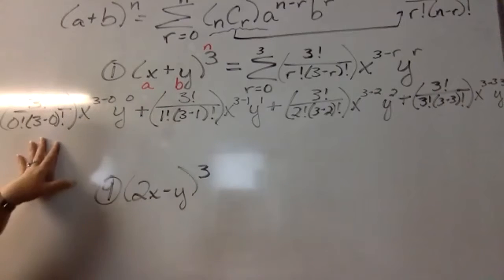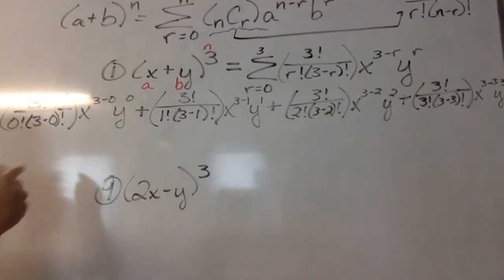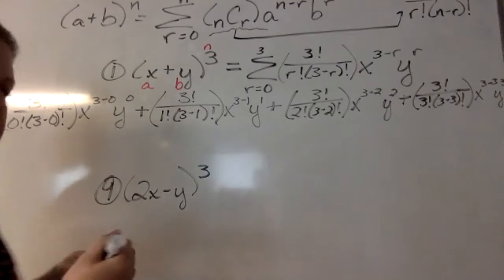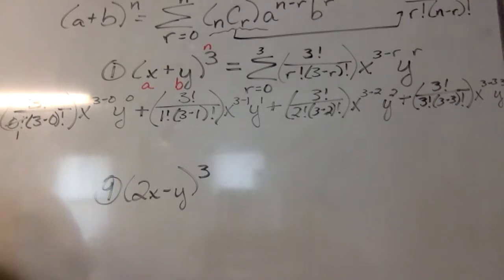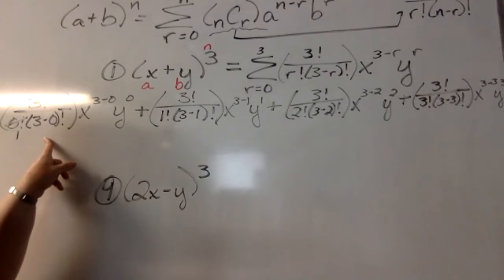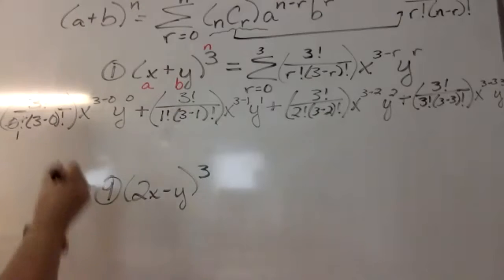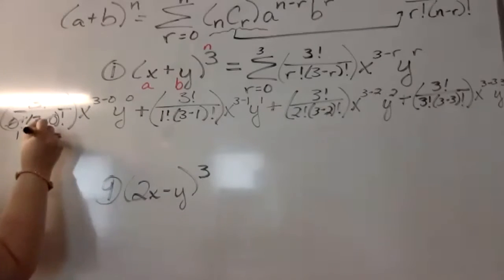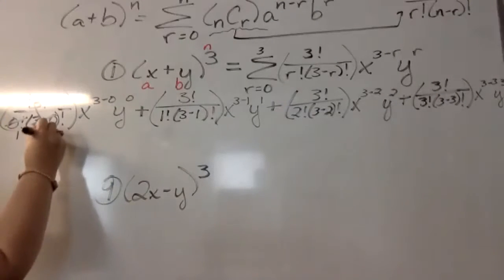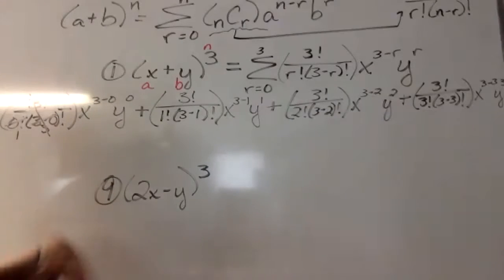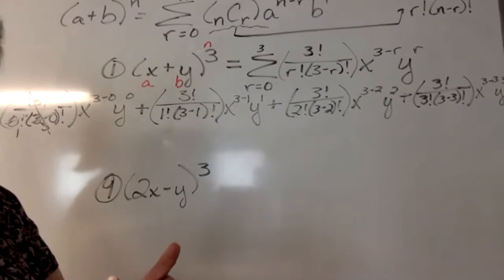All right, so we got this. So anywhere I have 0 factorial, it's going to be 1. So 0 factorial here is 1. 3 minus 0 is what? 3. So basically, I got 3 factorial over 3 factorial, so that's going to equal 1. Anything over itself equals 1. Do we write 1 in front of variables?